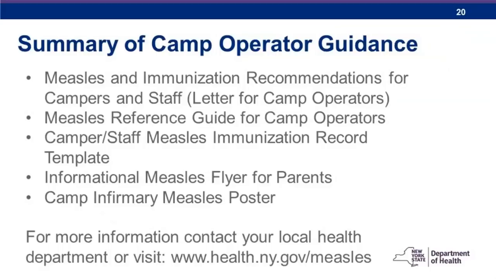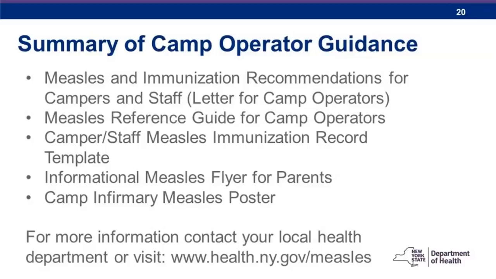In conclusion, I just wanted to summarize some of the materials that are now available from the department on the website. The measles and immunization recommendations for campers and staff is the vaccine preventable disease letter from April. This contained immunization recommendations for campers and staff for all vaccine preventable diseases.